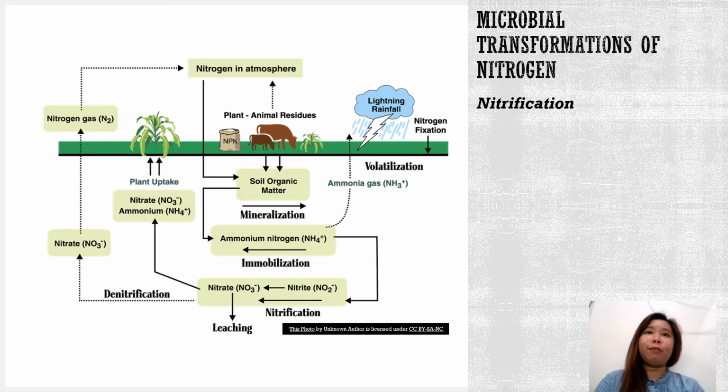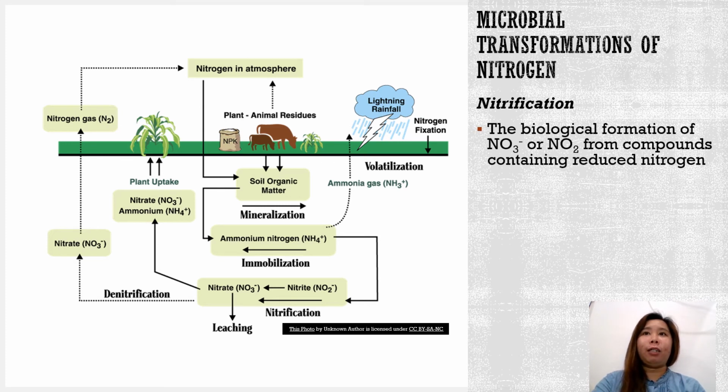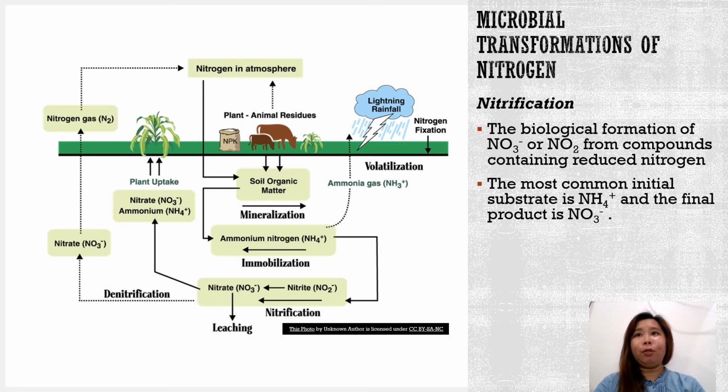Another microbial transformation is what we call nitrification. It is the biological formation of nitrites or nitrates from compounds containing reduced nitrogen. The most common initial substrate is ammonium, and the final product is nitrate.